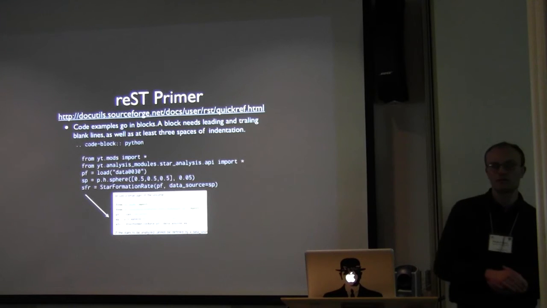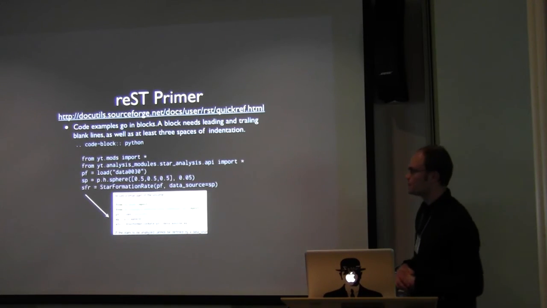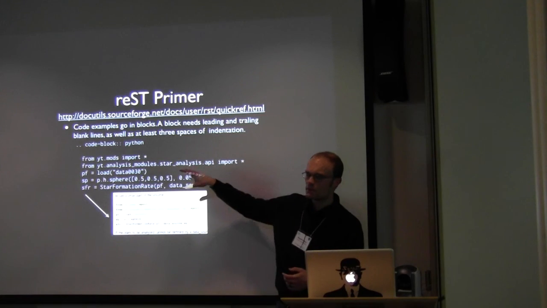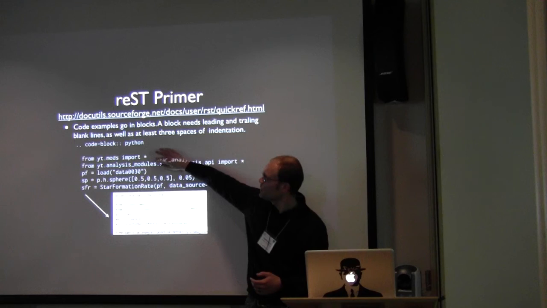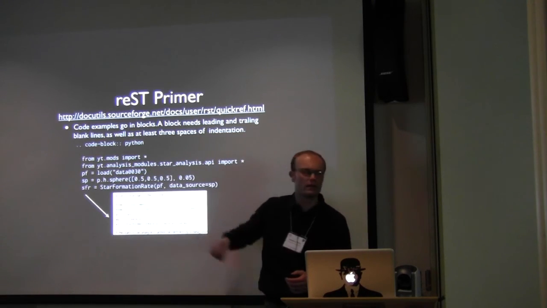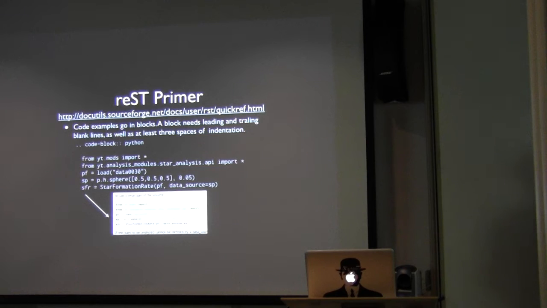You have to be careful about the number of leading new lines and spaces. There are new lines both between the code block statement and the actual code, and below the code, there has to be a blank new line. And furthermore, the code itself is indented by, I think, at least 2 spaces from the beginning of the text document, that is.